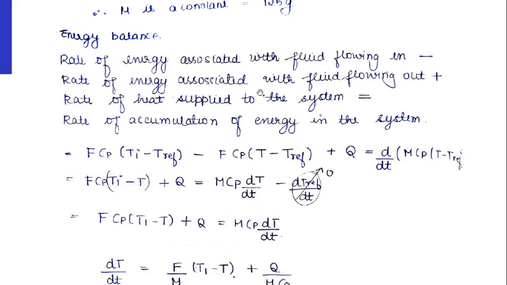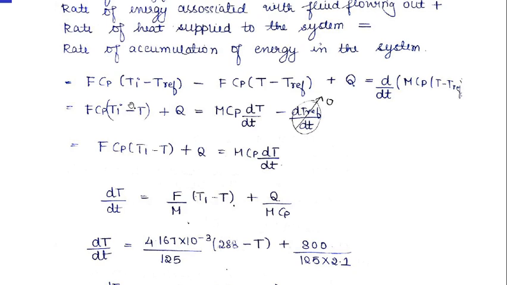Anything that is added to the system is plus, anything that goes out of the system is minus. Energy coming in with the liquid is plus, energy going out with the outflowing liquid is minus. Here the heat is supplied by the coil to the liquid, so it is plus. Any difference in these will be the accumulated energy in the system.